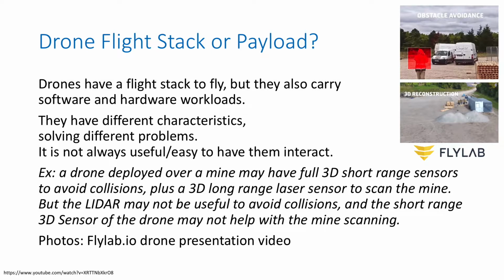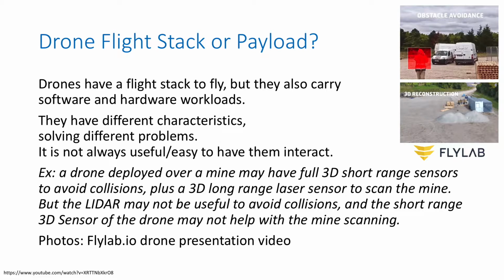Now, your drone may have a flight stack to fly, obviously, but it may also carry software and hardware that your client needs for a specific job. They have very different characteristics, solving different problems, and it's not always easy or useful to have them interact. For example, a drone deployed over a mine may have a full 3D short-range sensor to avoid collisions, plus a 3D long-range sensor to scan the mine and build a 3D model.